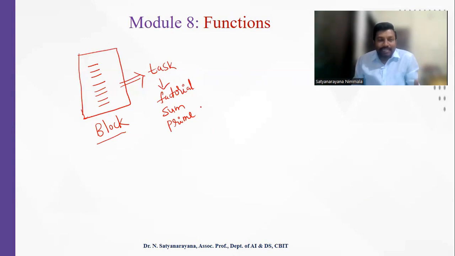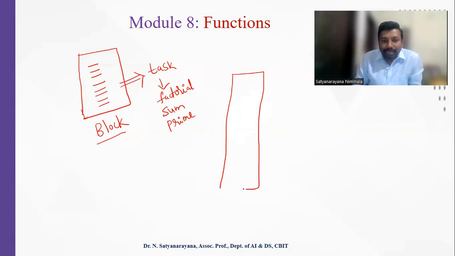So then why do we consider functions? If you don't consider different functions in the programming language, imagine that you want to develop a new application that consists of a huge number of lines of code, say 1,000 or 10,000 lines.